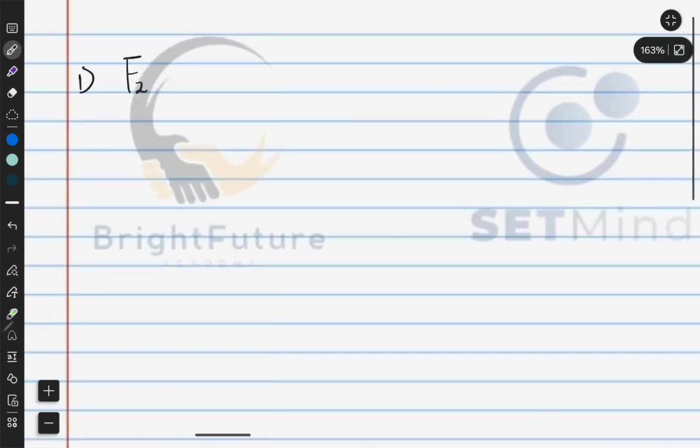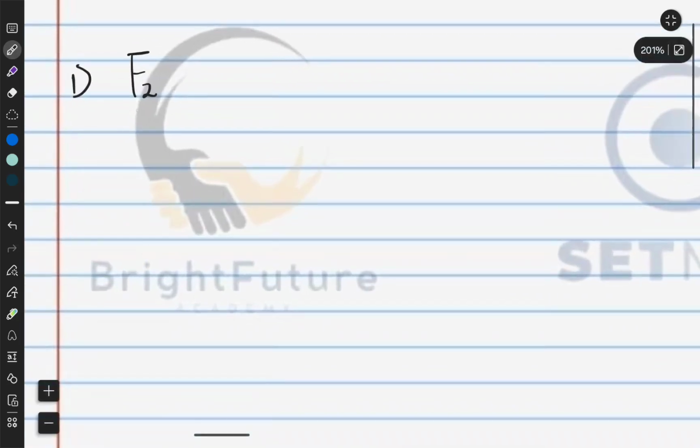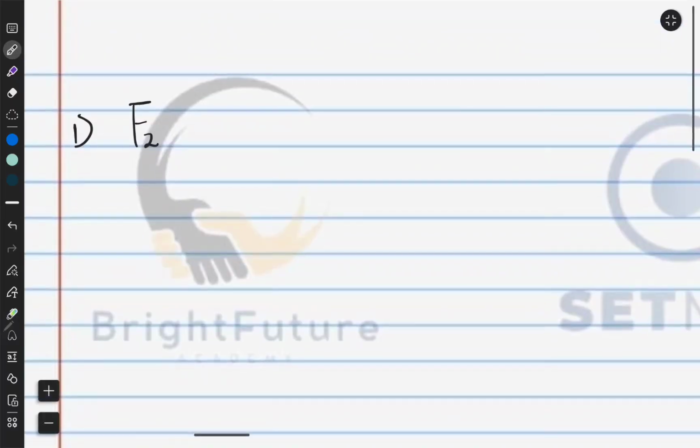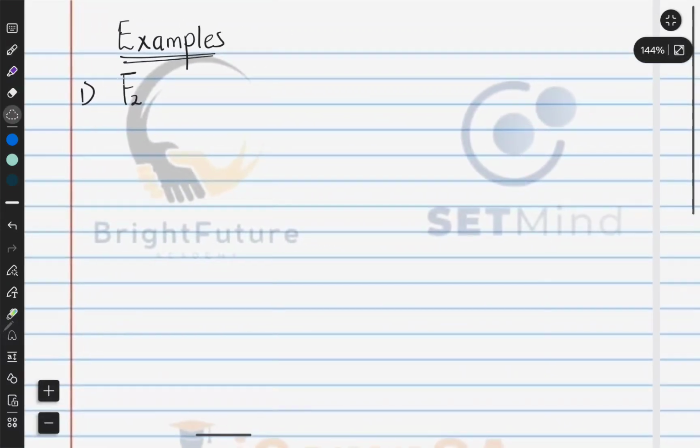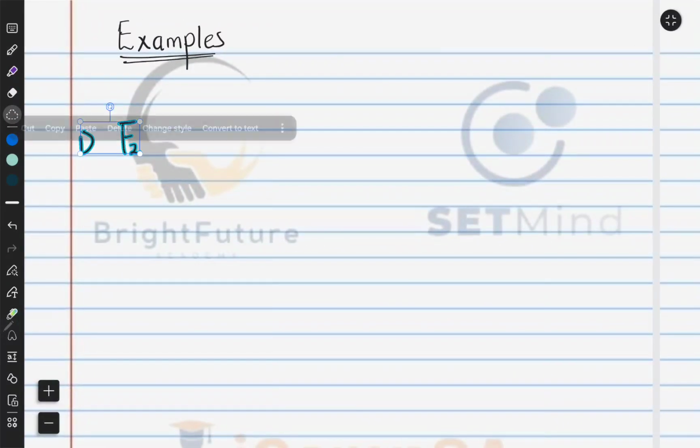It means we have 2 fluorine atoms that bonded to form this fluorine gas. So we want to see how we got to F2. These will be our examples. We're starting with fluorine gas.